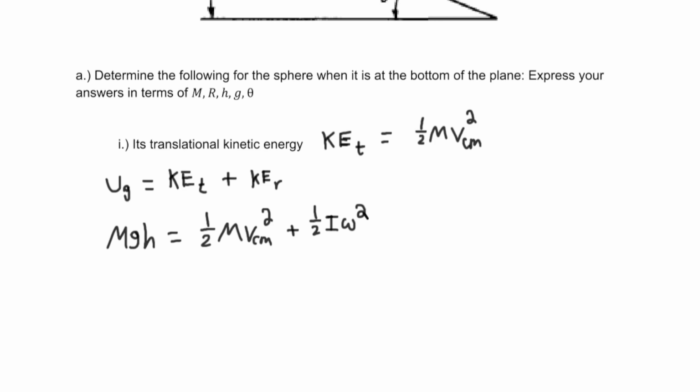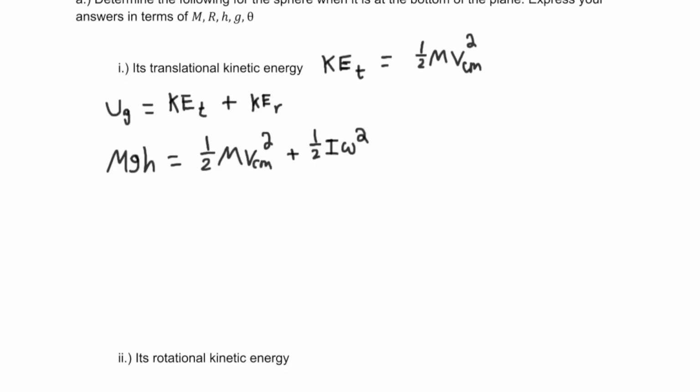And now we're just going to start evaluating some of these things. So first, we know what the moment of inertia is. And I'm just going to call VCM V, just so I don't have to keep rewriting it. I is 2/5 mr squared for the sphere.